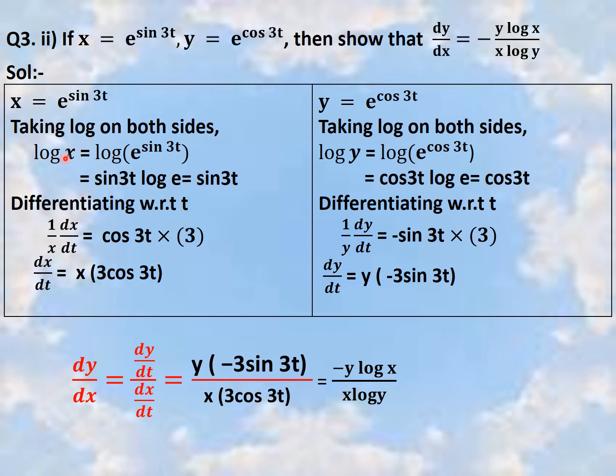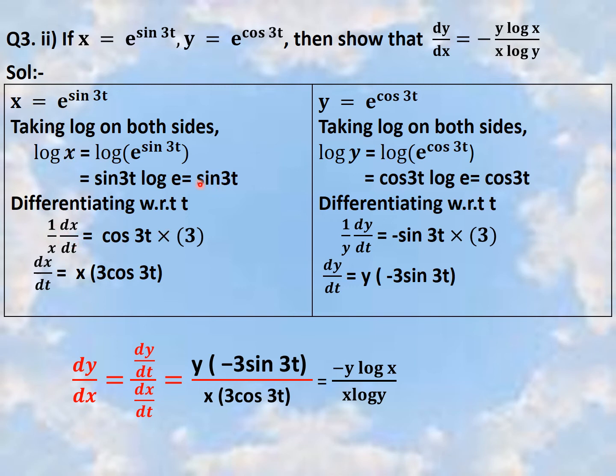Log x derivative with respect to t will be 1 upon x into dx upon dt. It is a composite function form. x is a function of t. It is just like y is a function of x. In case of y, log y derivative is 1 upon y dy by dx. So similarly here, the log x derivative is 1 upon x dx by dt.